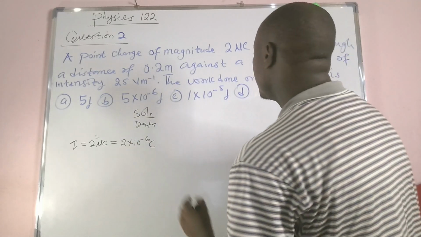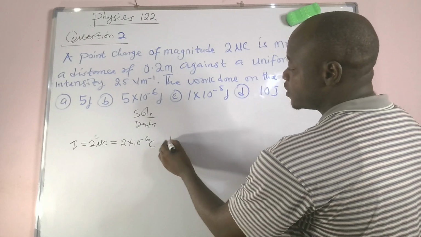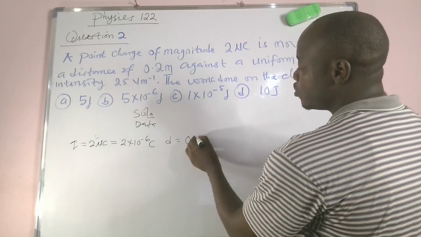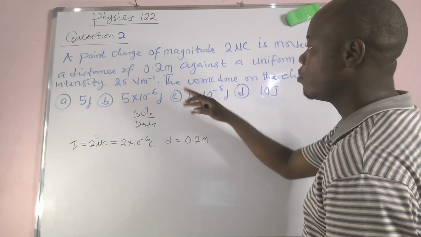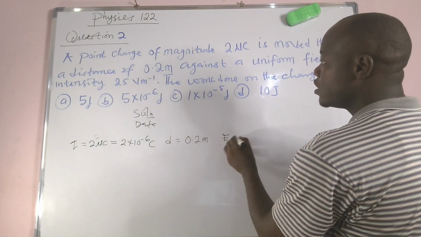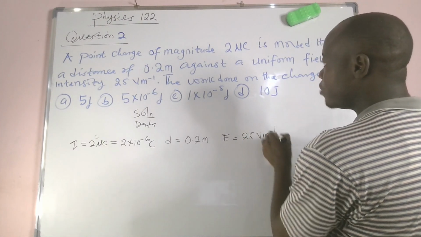And then apart from the Q, we also have a distance D equal to 0.2 meter, with a uniform electric field intensity E equal to 25 volt per meter.